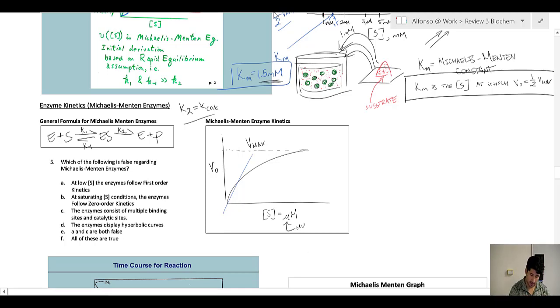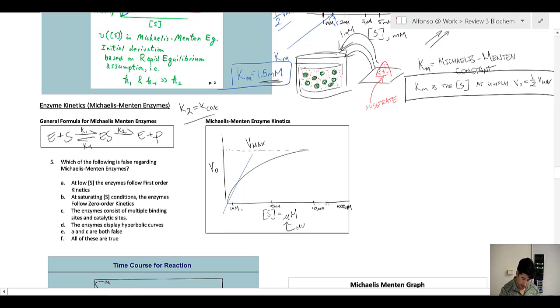I'm going to give these some arbitrary values just to illustrate that point. So I'm going to call this 5 micromolar. We'll call this 10 micromolar. And I'm going to call this 1000 micromolar. So 1 micromolar is right here.